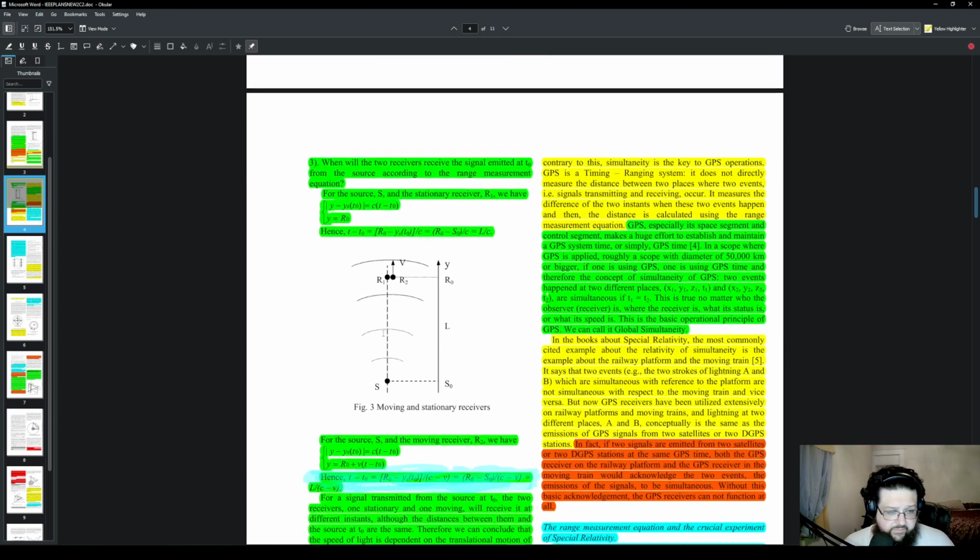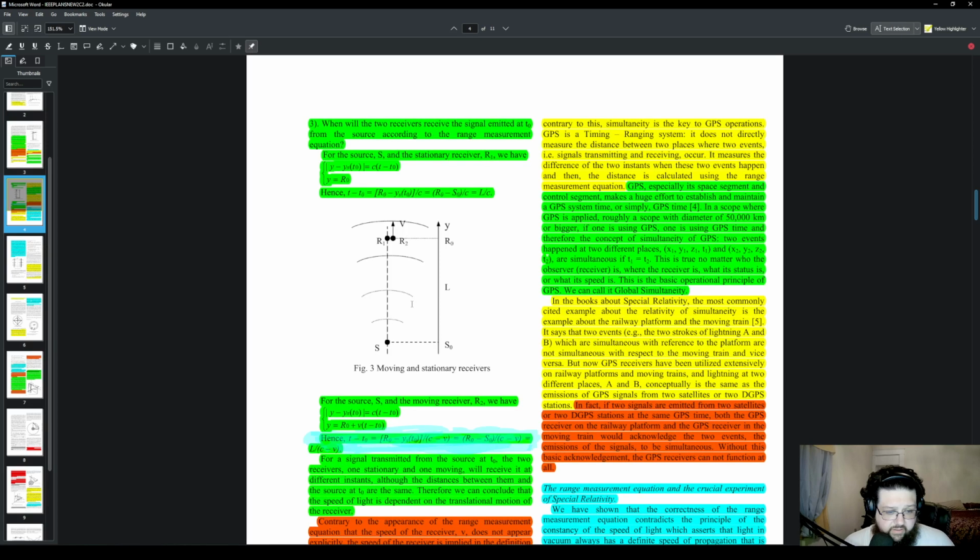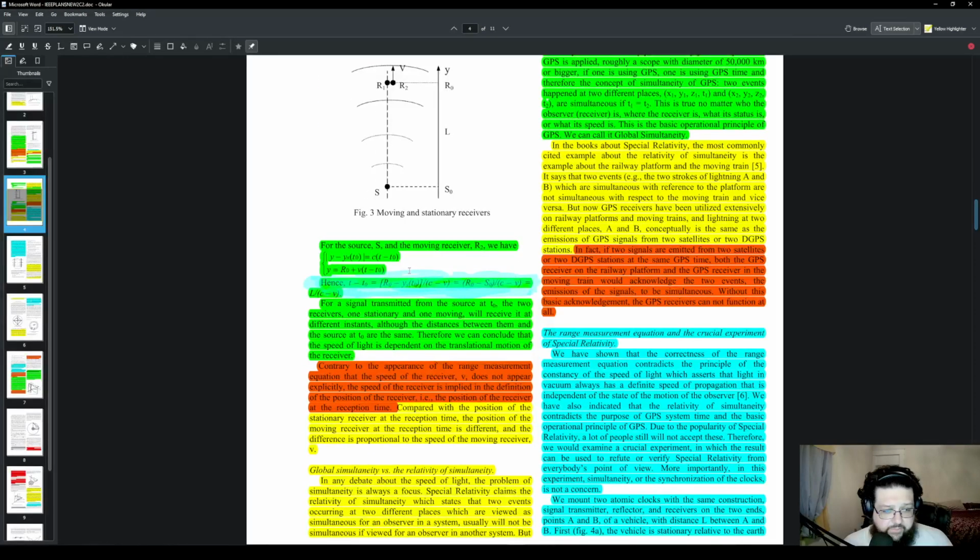And even though the distance is the same, the time that they get the signal is going to be different. How could that be? Well, turns out that the time delay is proportional to the velocity of the receiver, right?